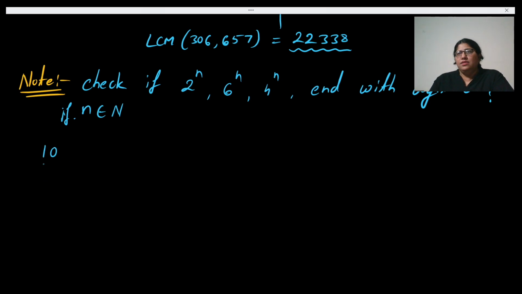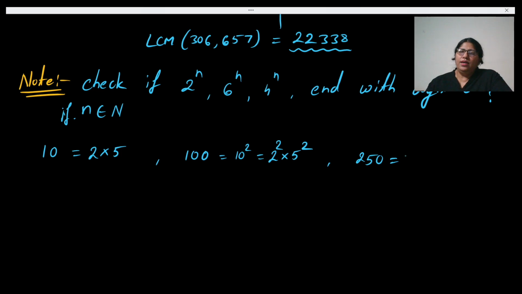If I take 10, which ends with 0, what is the prime factorization of this? 2 into 5. If I take here 100, you know that it's 10 square, so it can be written as 2 square into 5 square. If I take here 250, this is also ending with 0, so here how can I write down, 5 square into 10?